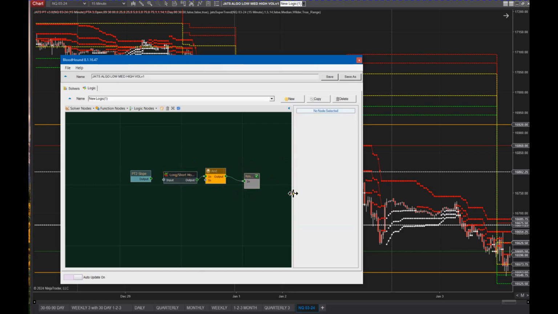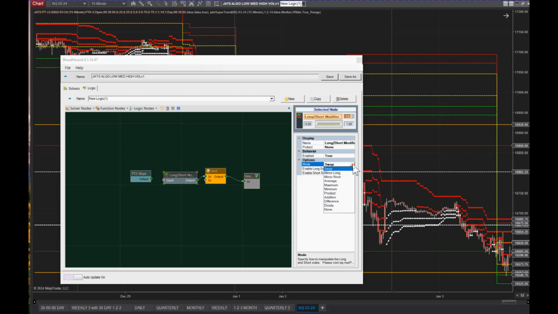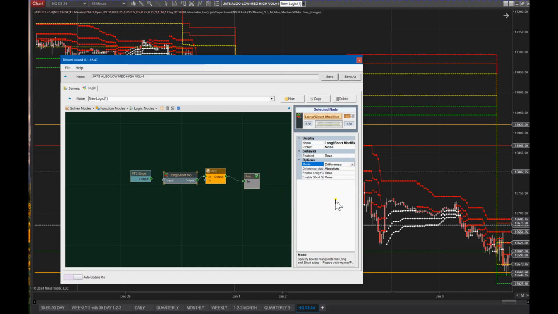Sorry, hang on one second, my graphics card. Here we go. Set your difference to difference mode long short. And I don't want to see any longs, I just want to see shorts.